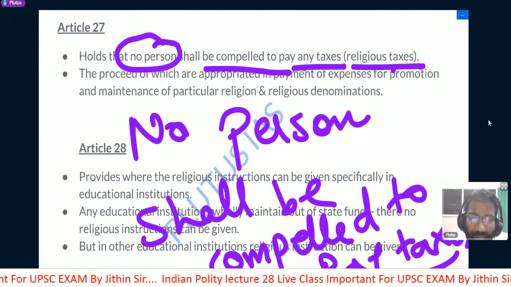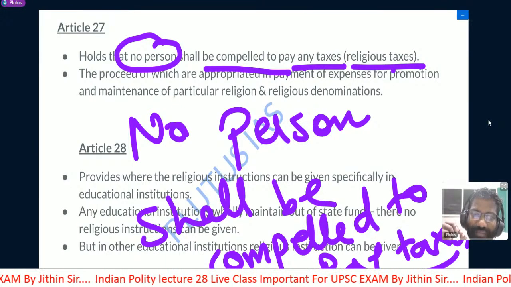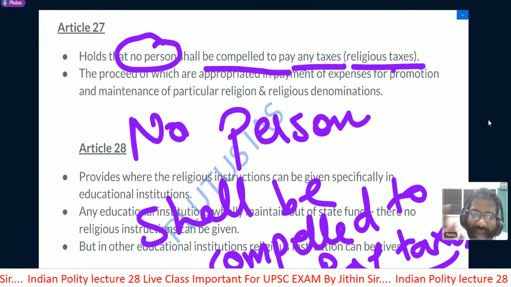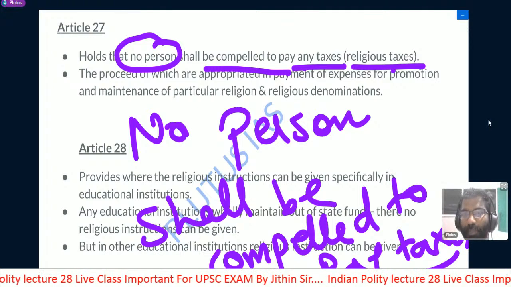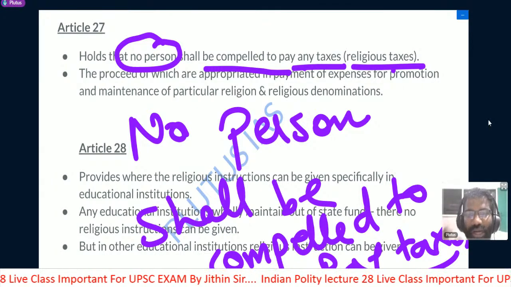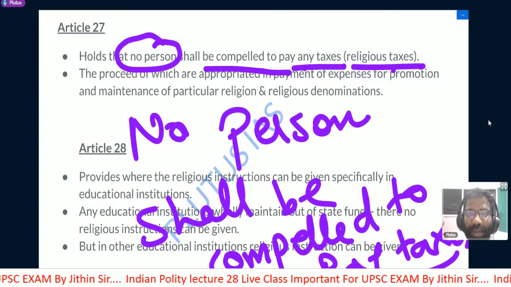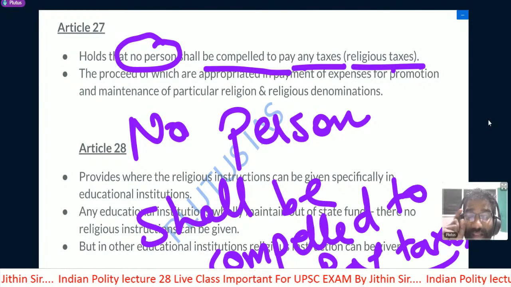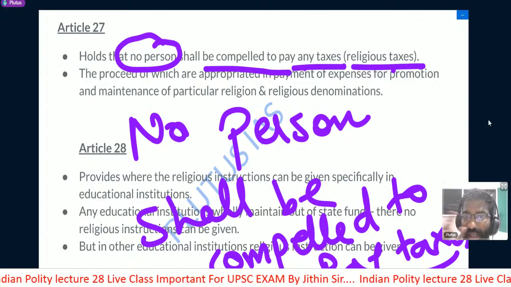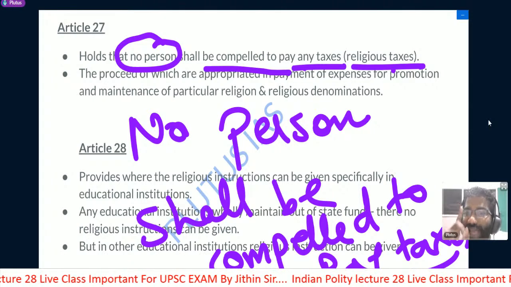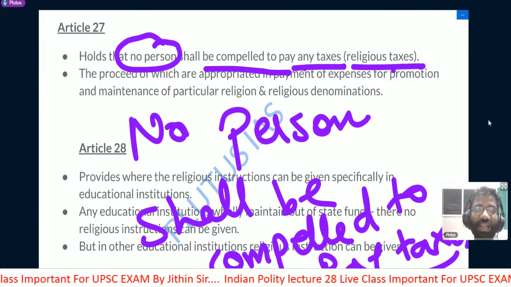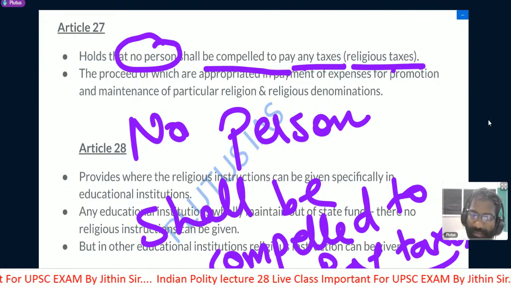Okay, there are people who ask money, but if the person donating files a complaint that he has been forced to pay money for a religious purpose, the keyword is forced, then it is a criminal offense under Article 27 of the Indian Constitution.